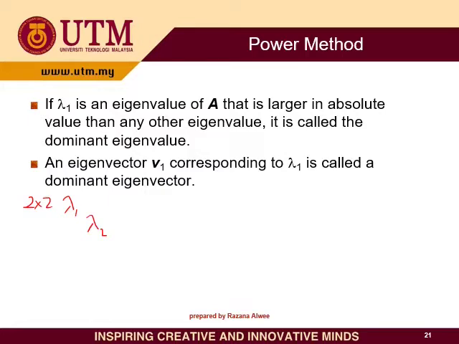If you have 3 by 3, you know that we will have 3 lambdas, lambda 1, lambda 2, lambda 3. So if lambda 1 is an eigenvalue of A that's larger in absolute value than any other eigenvalue, it is called the dominant eigenvalue. An eigenvector V1 corresponding to lambda 1 is called a dominant eigenvector.